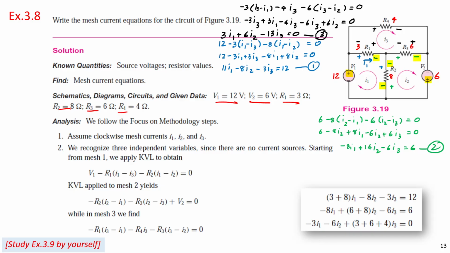Now we got equation 1, equation 2 and equation 3. The next task will be to solve 3 equations, 3 unknowns, right? If we solve them, we will get I1, I2, I3 in the meshes. How much current flows through R2?